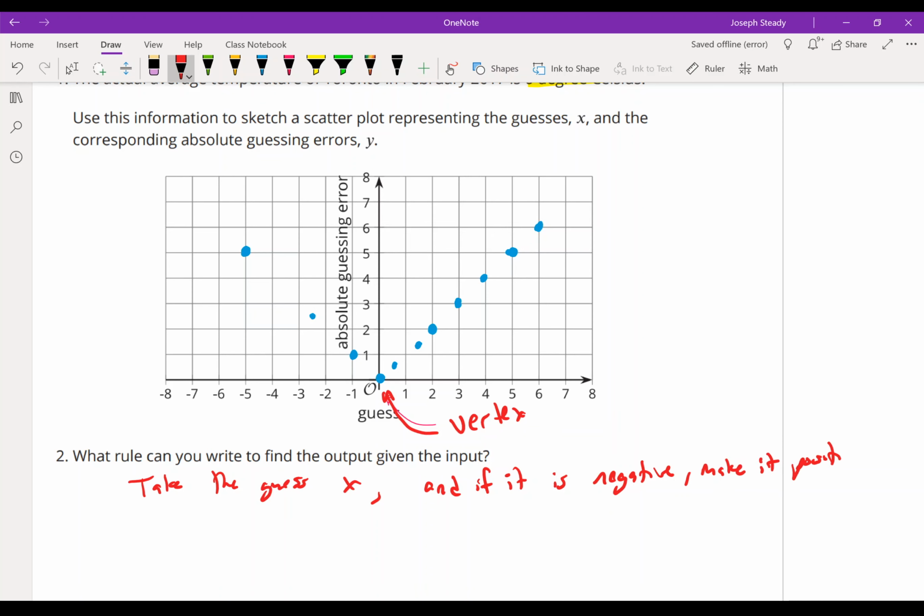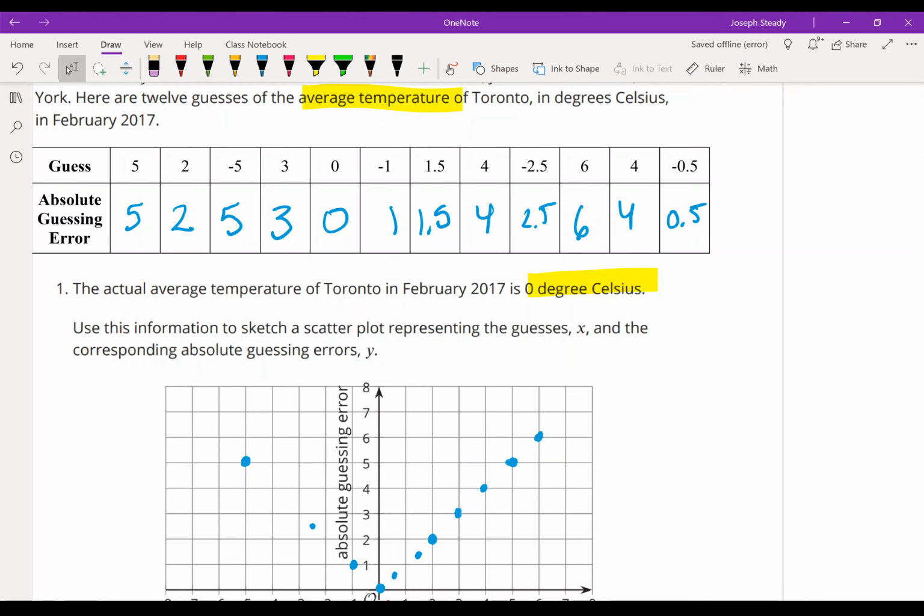That's essentially what we did in this problem, right? All of our guesses, if it was 5, the output was still 5. If it was 2, the output was still 2. If it was -5 as the input, then we made it +5 as the output, because -5 is 5 away from 0.